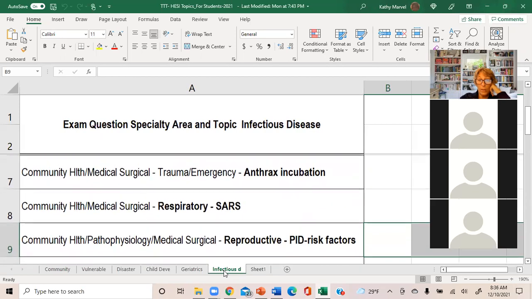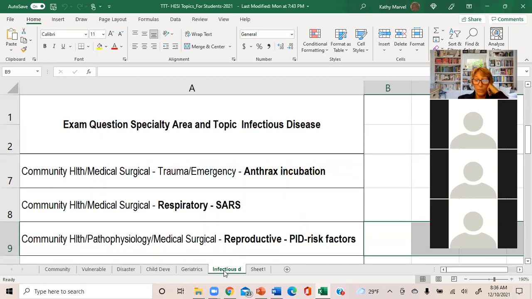Okay, anthrax incubation. What does that look like? I know I didn't specifically go over that in class, but that was in our chapter, and there were other things. There were other different bioterroristic agents that the chapter went through.